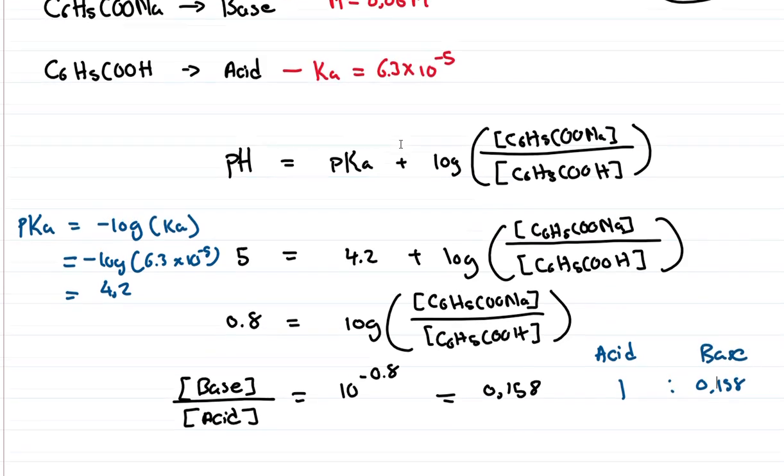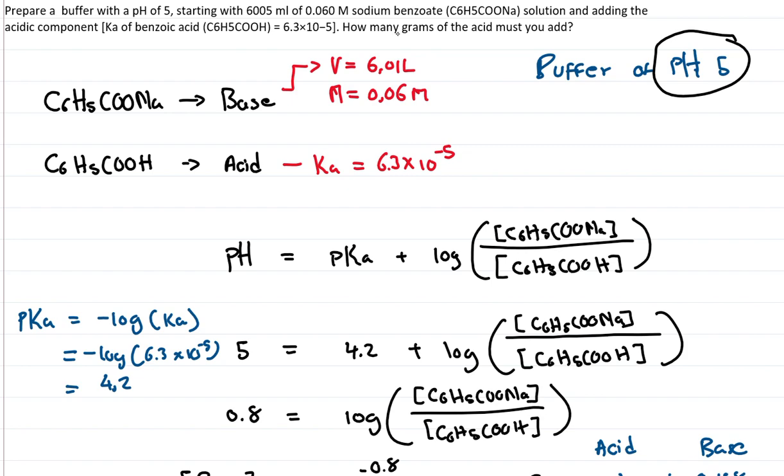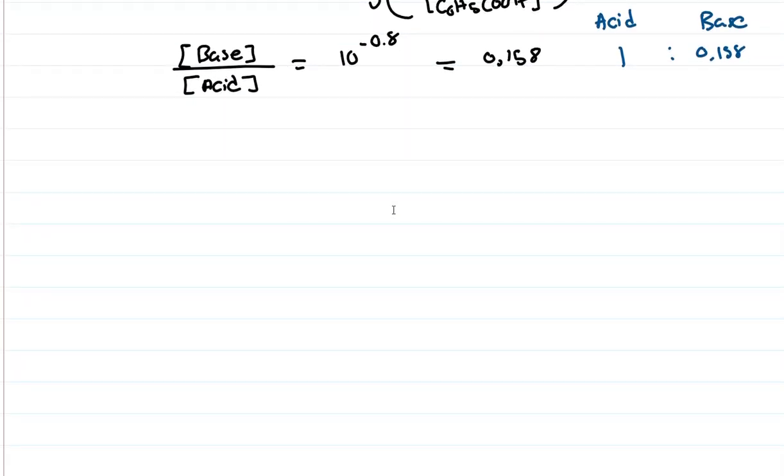So we want to find the mass of the acid which we must add to that amount of the base. So we are already given the information on the base, which is concentration and volume. So if you remember, we can find the number of moles of the base by simply multiplying the concentration and volume, or you can say molar multiplied by the volume. So we can just go ahead and do that.